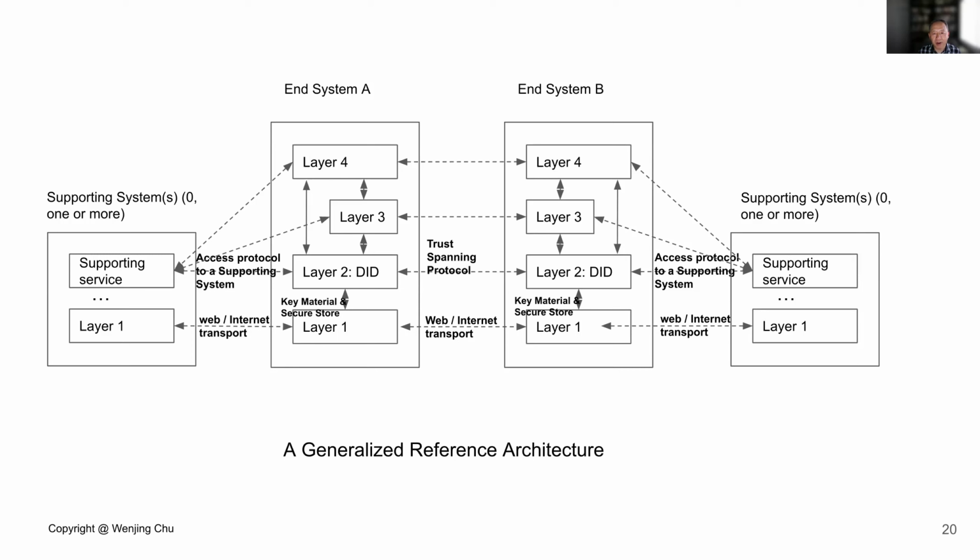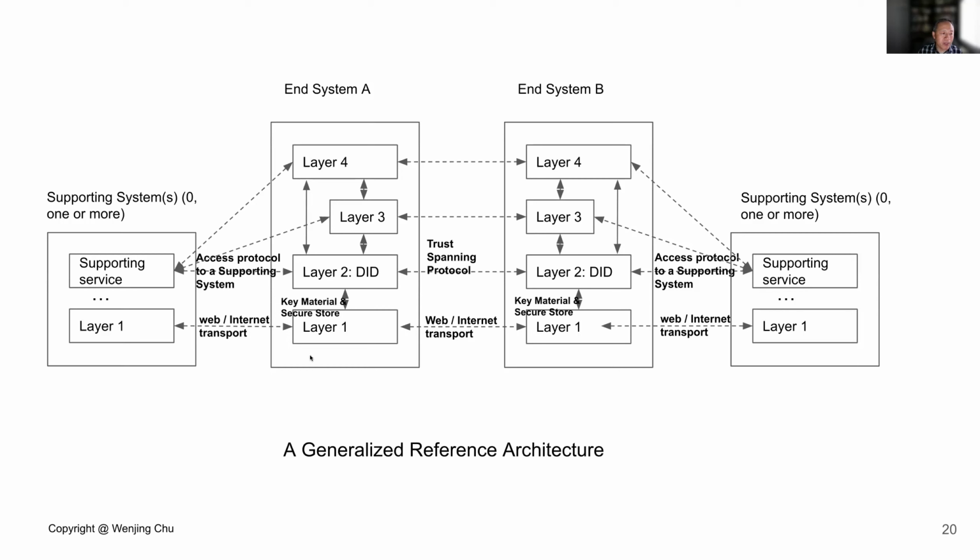So this is the trust spanning layer. Layers 3 and 4, the applications, will share those components if they happen to be in a particular application, but if not, then those layers can all be different. And each one can have multiple instances, depending on which application you're running.